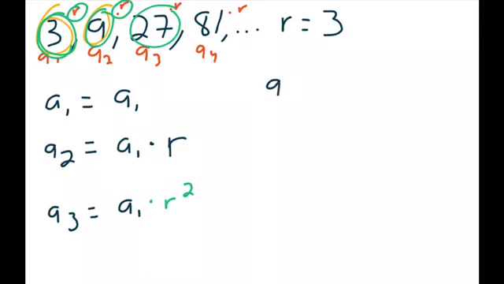Okay, so A sub 4 is going to be A sub 1 times r to the third power, and A sub 5 is A sub 1 times r to the fourth power. Give everybody a chance to write this down.